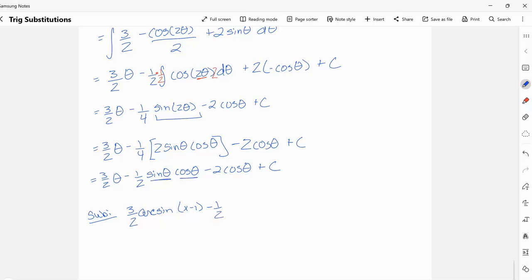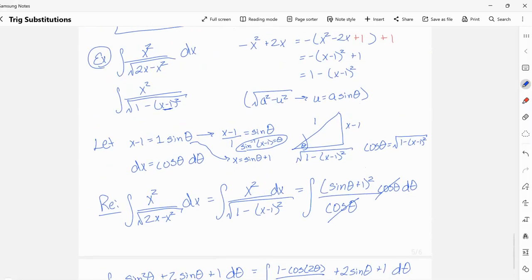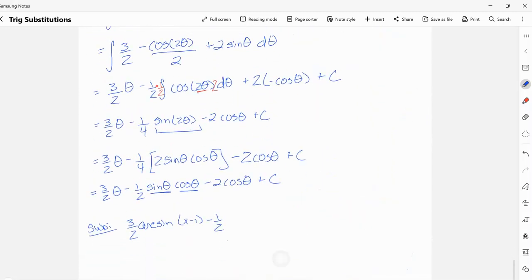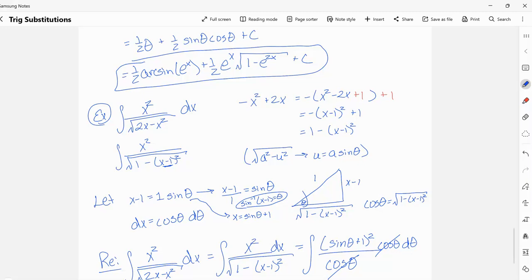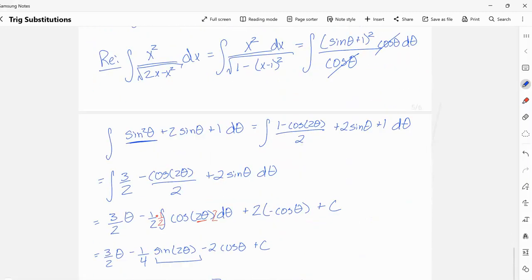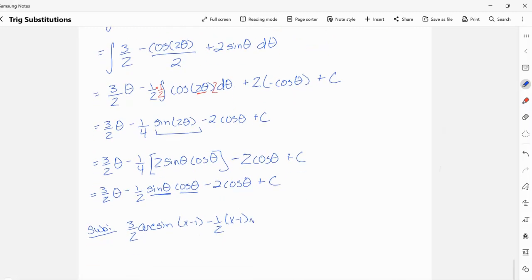And then we got to figure out what sine and cosine are. Going back to here, sine is going to be x minus 1. And cosine is that square root of 1 minus x minus 1 quantity squared.